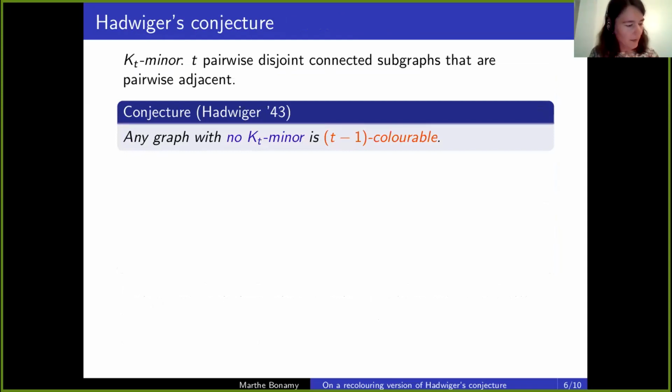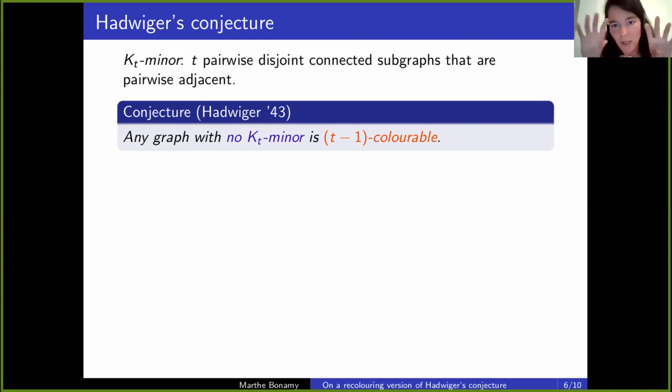Another old conjecture that some of you might have heard about is Hadwiger's conjecture. It's from 1943, and it's again about coloring. One important notion for Hadwiger's conjecture is the notion of minor. You say a graph contains a K_t minor if you can find in the graph t connected blobs which are pairwise adjacent.